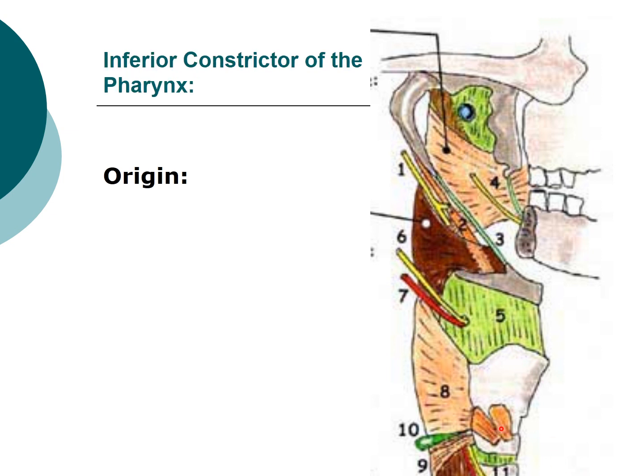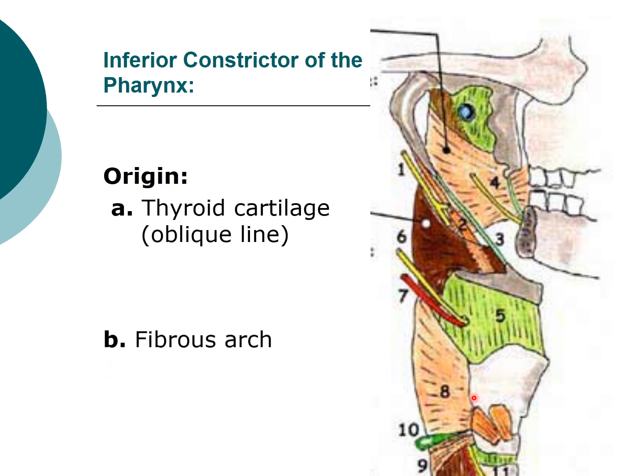The third muscle, inferior constrictor. This is the thyroid cartilage, this is the cricoid cartilage, and in between the two there is a fibrous tissue arch here. So the origin: thyroid cartilage, cricoid cartilage, and fibrous arch, and this line here in the thyroid cartilage is called the oblique line of the thyroid cartilage.